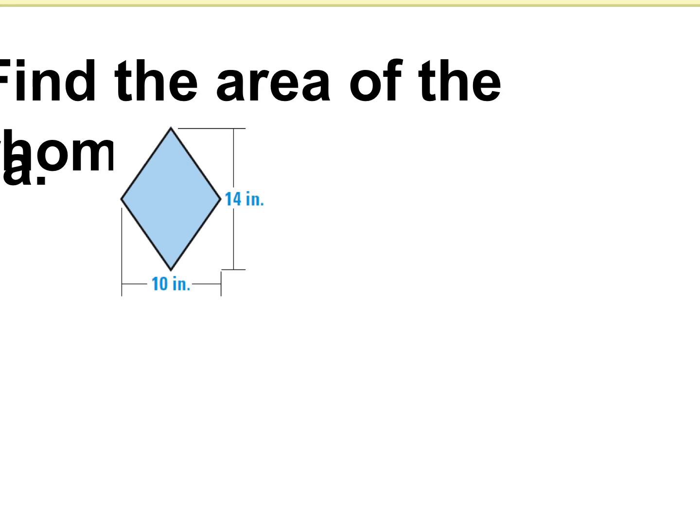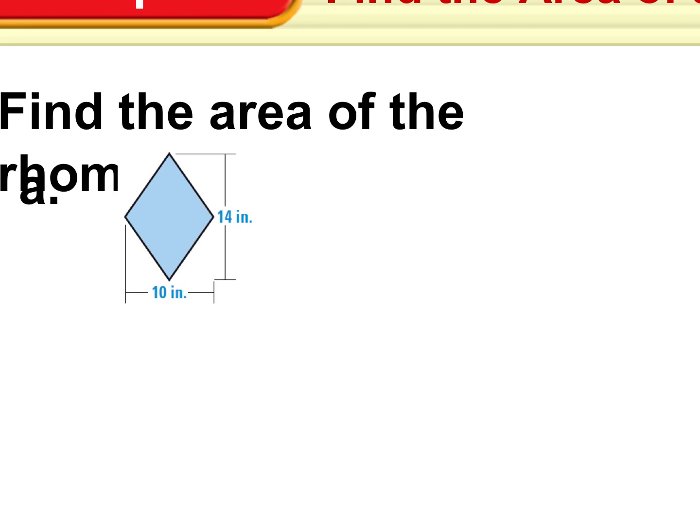Close. There's one more step. Divide by 2. So what does that one look similar to? Triangles, right? Instead of base and height, though, they use diagonal 1 times diagonal 2 divided by 2. The reason for that is because it goes from vertice to vertice. So they use diagonal 1 times diagonal 2.